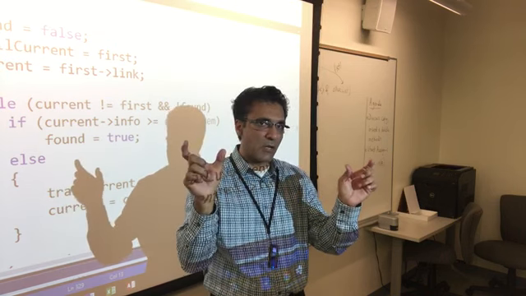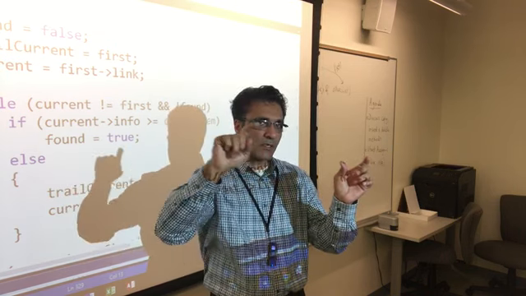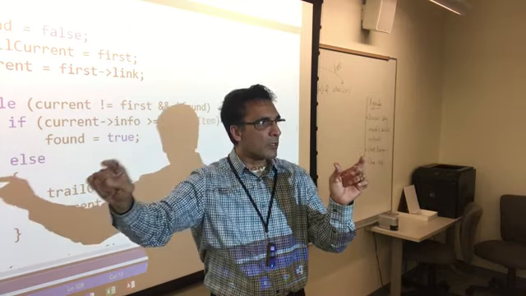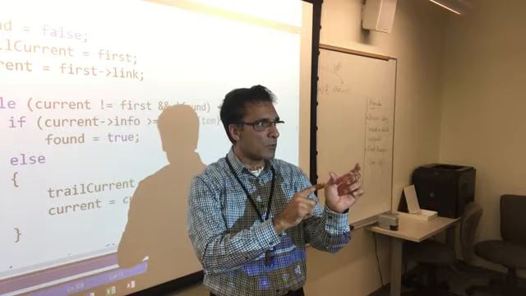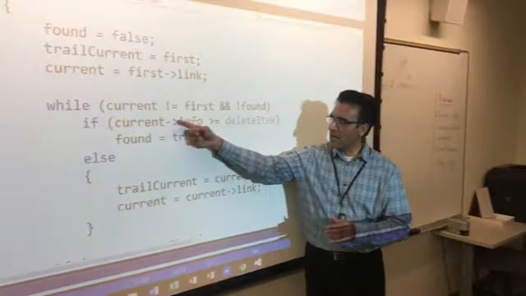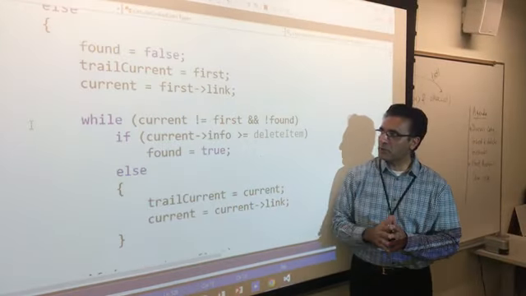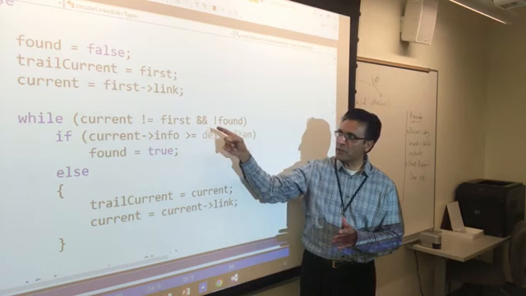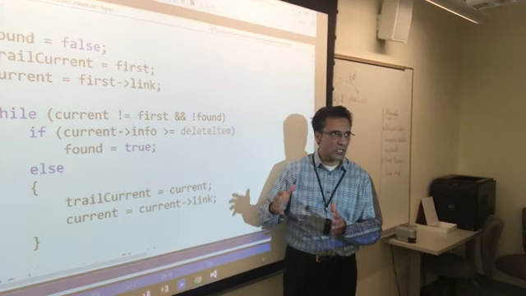So current is at the second node. Because it's a circular linked list, you are checking, have you gone through all the nodes and are pointing towards the first node? Answer is no, not at this time. So that's what we are checking. If the current is not the first, then stay in this loop. If these two conditions are true, stay in this loop.